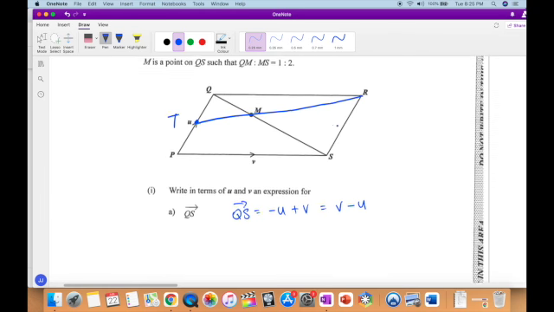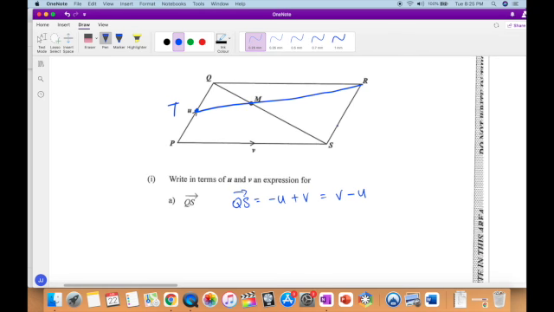In order to show that they are collinear, I have to show that MR is parallel to MT. If MR is parallel to MT and they both share the same point, then they have to be on the same line. Then they are collinear, right?